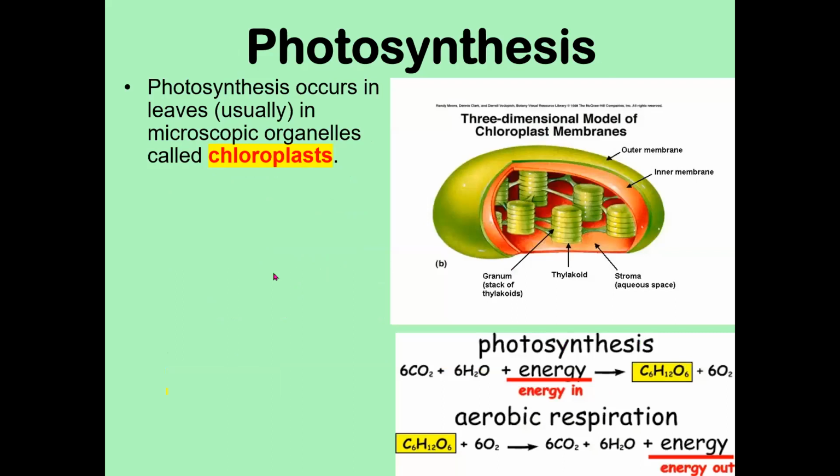Now, photosynthesis is fascinating. It happens in these things called chloroplasts. You've heard of mitochondria. Mitochondria and chloroplasts, and plants have mitochondria as well, were originally, in the evolutionary process, their own organisms. Each, the chloroplasts and the mitochondria, have their own DNA.